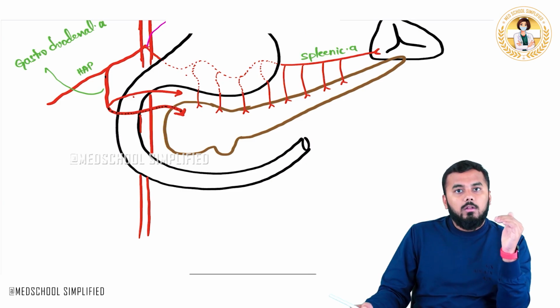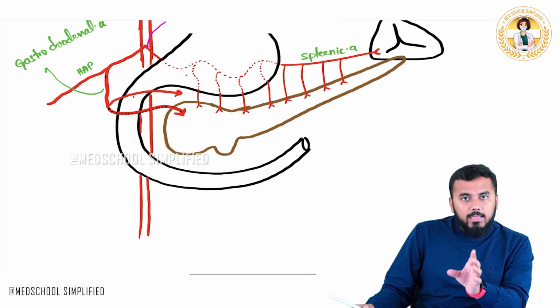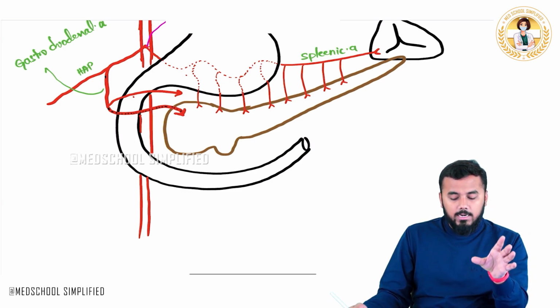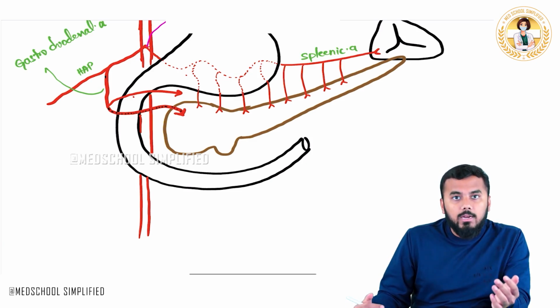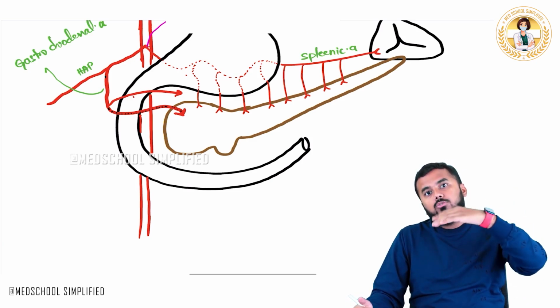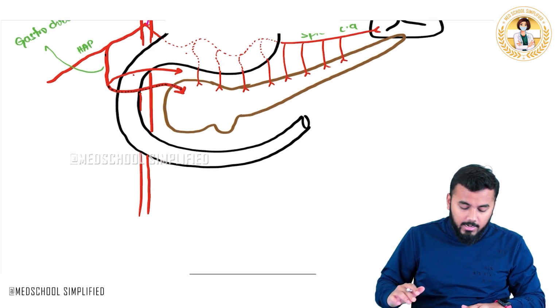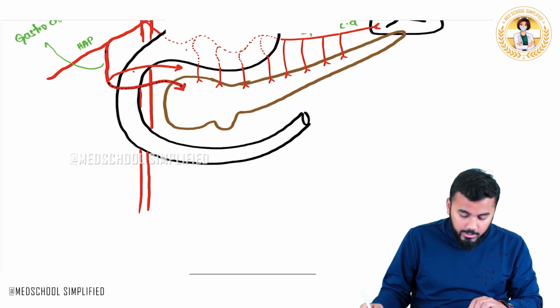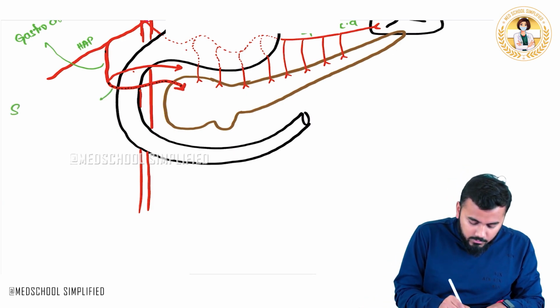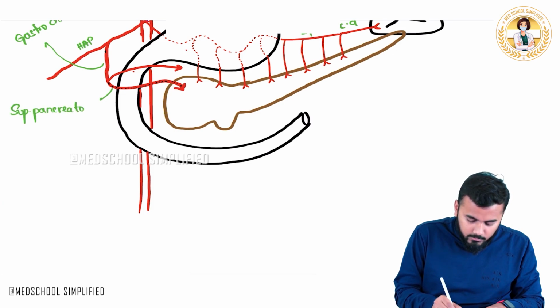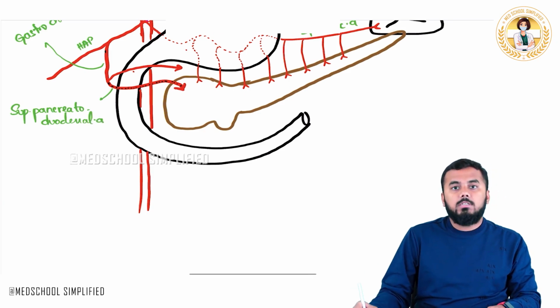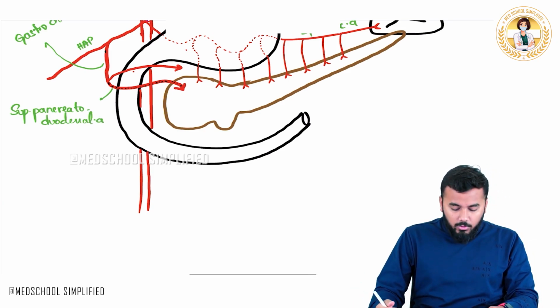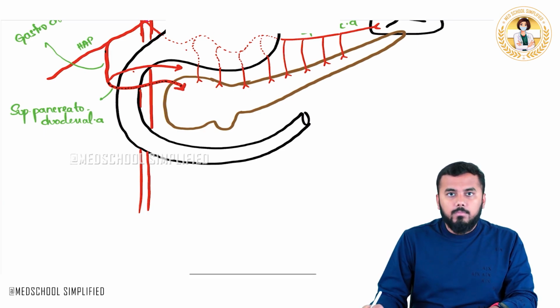So it is a duodenum and pancreas artery, that is pancreatoduodenal artery, and this is on the top, so it is called the superior pancreatoduodenal artery. Superior pancreatoduodenal artery is a branch of gastroduodenal artery, right? This is your superior pancreatoduodenal artery, okay.